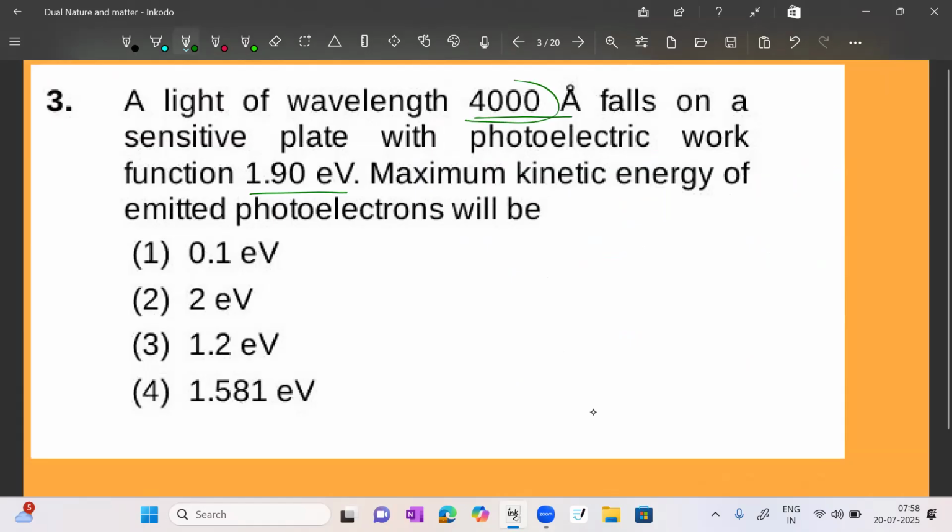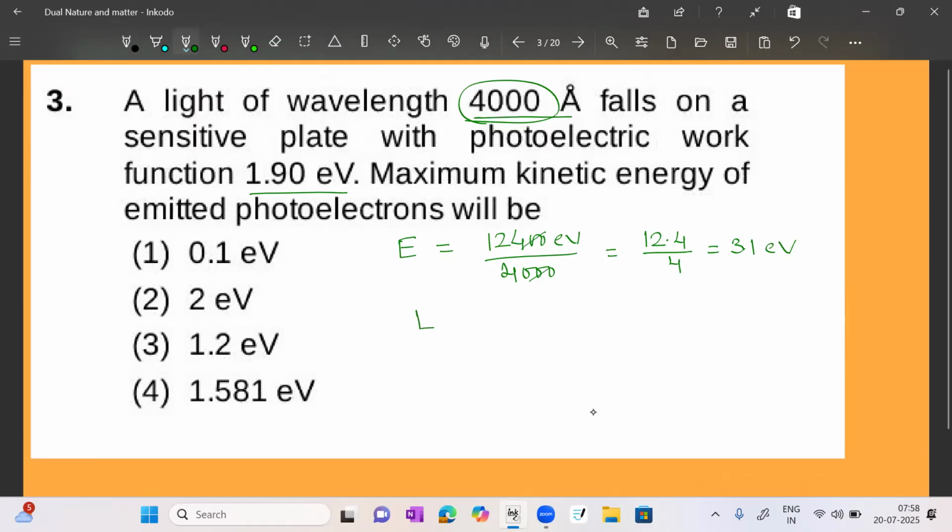First, to find the energy of the light we have the shortcut: 12,400 electron volt by lambda, which is 4,000. The zeros get cancelled, so it becomes 12.4 by 4, nearly 3.1 electron volts.